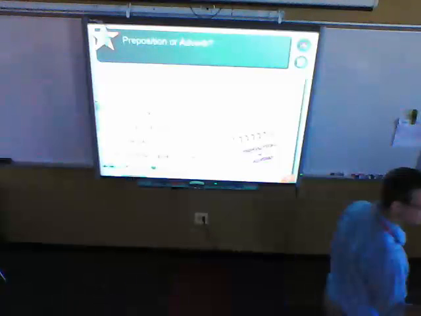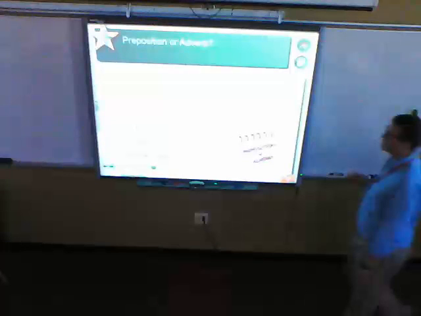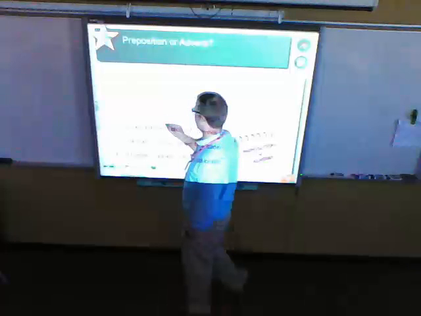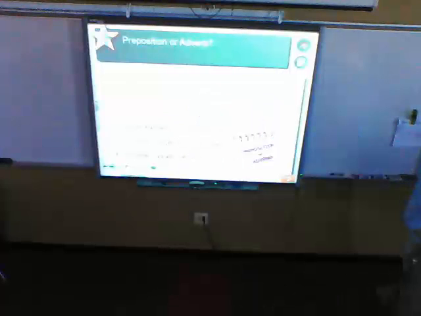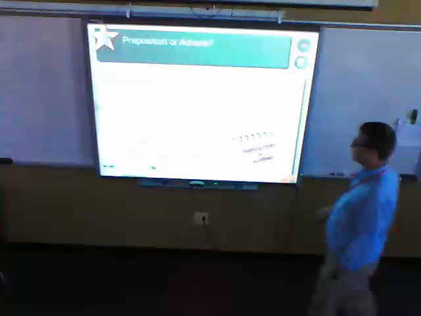What word is around modifying? Chased. It's telling you where they chased them, right? So this is an adverb. Notice how it's easy to notice because it doesn't have a phrase with it. It's all by itself. You're not going to see prepositions all by themselves. They should always come in a phrase.